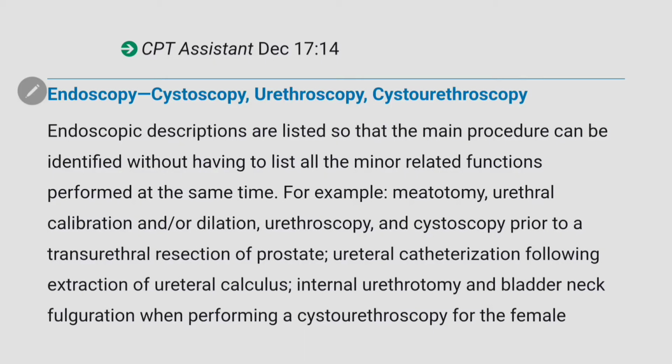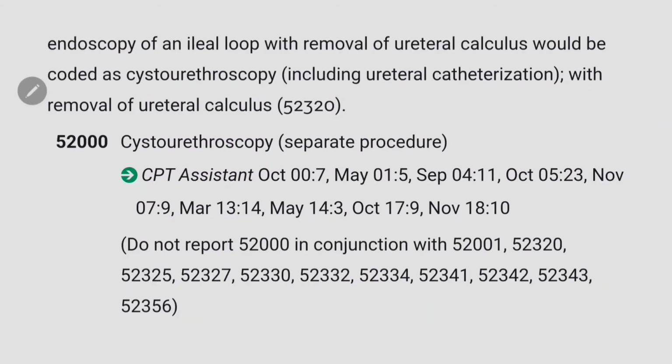Next important guideline is endoscopy, that is cystoscopy, urethroscopy, cystourethroscopy. The important code is 52000, that is cystourethroscopy, separate procedure. In this, the cystoscope reaches the urethra. Remember that. And always read the parenthetical note. Do not report 52000 in conjunction with all these codes.